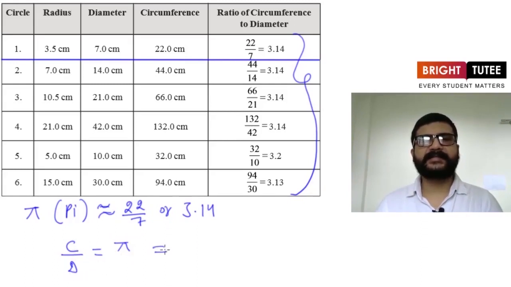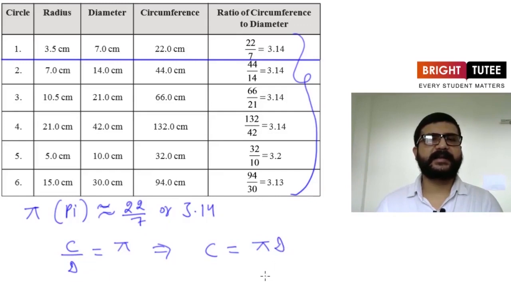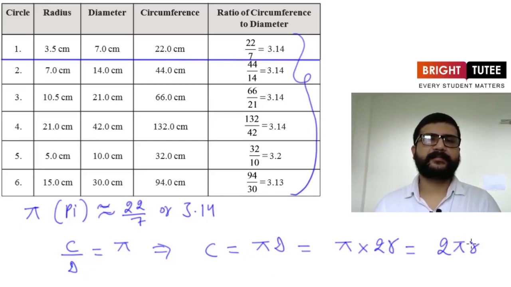Now from here we can say circumference is equal to pi into d, where d is the diameter, and we know diameter is equal to twice of radius. So this can be written as pi into 2r. Pi into 2r means pi into d. Now this can be rearranged as 2 pi r.